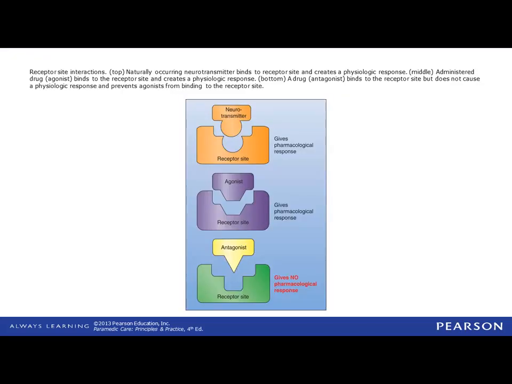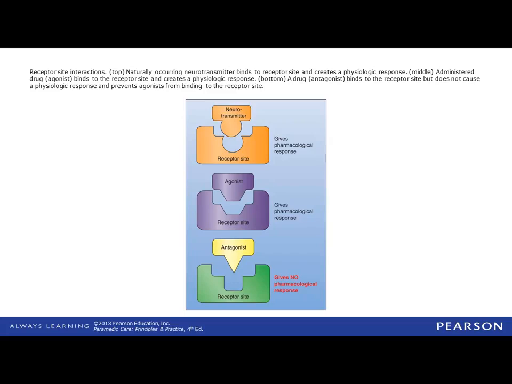So an agonist, or a sympathetic agonist, will fit the key. The cell will read it as the key, and the cell will work just like the key would have made it work.